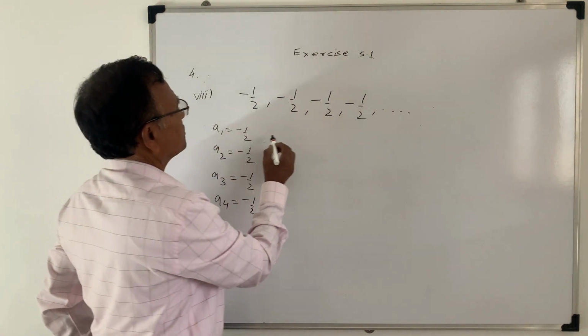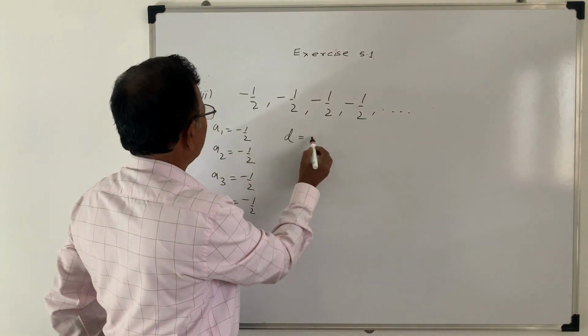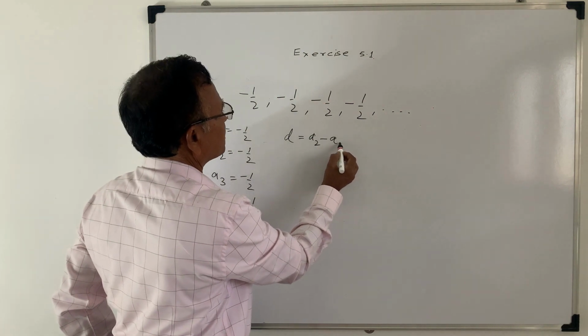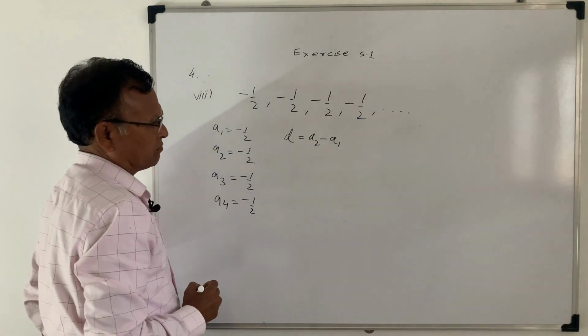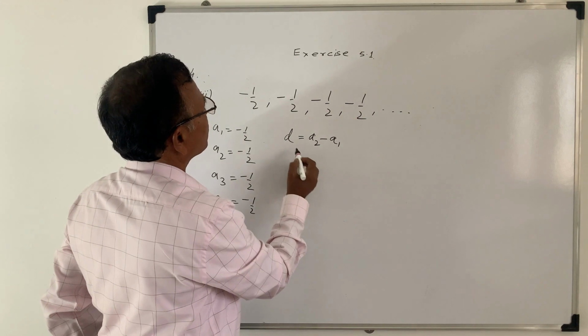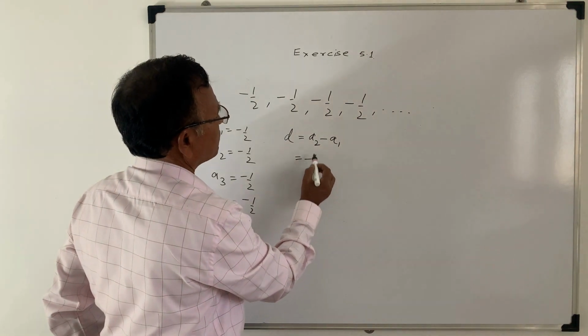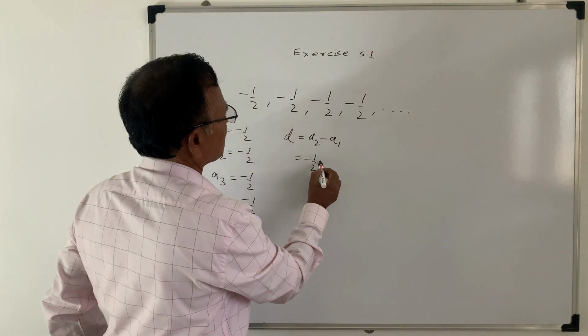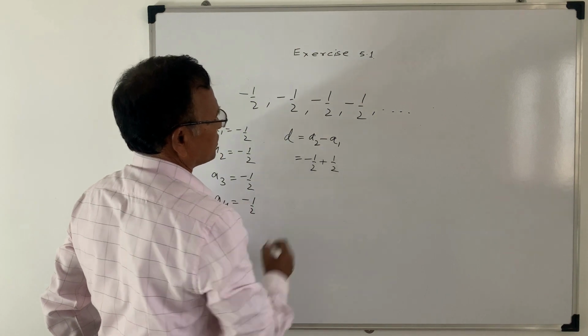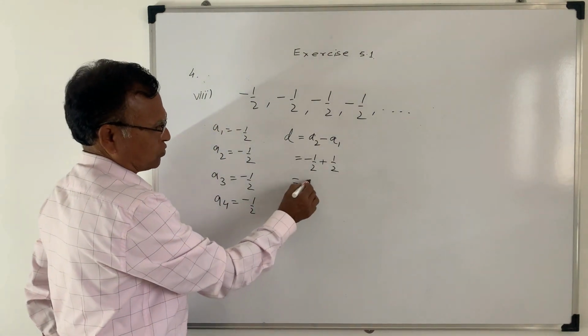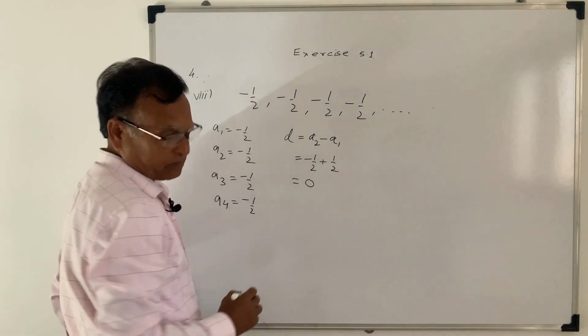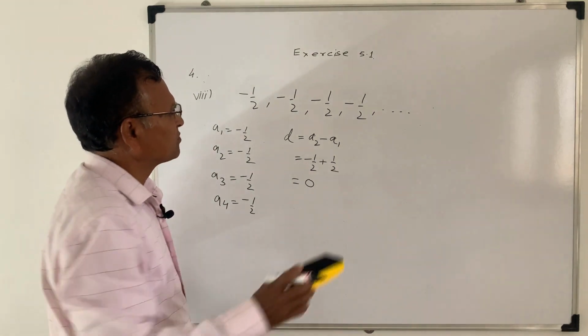So common difference D will be A2 minus A1. So that is minus 1 by 2 plus 1 by 2, so it will be 0.